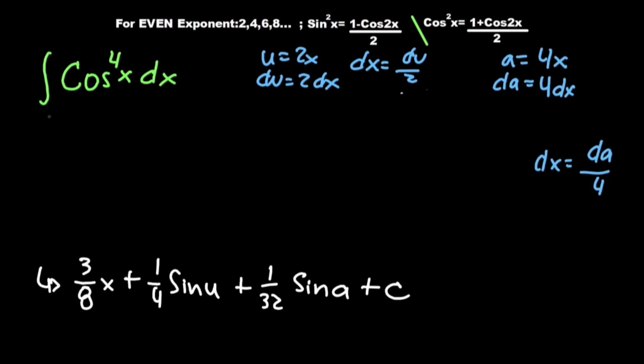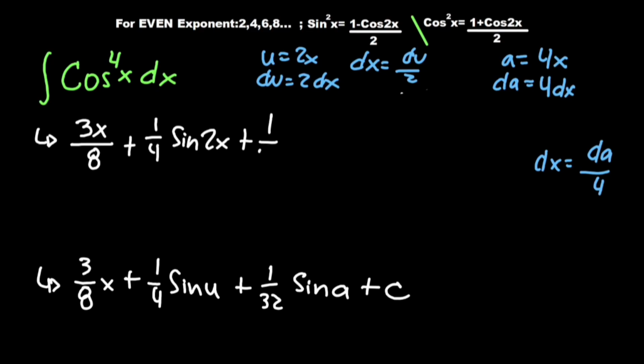Putting back the variables in their original form, the final answer would be 3x over 8 plus 1/4 sine, u here is 2x, plus 1 over 32 sine of 4x plus c.